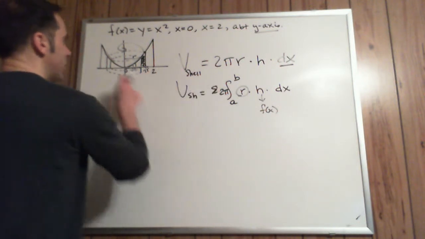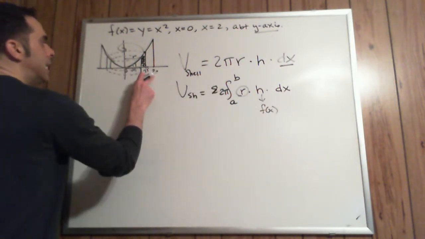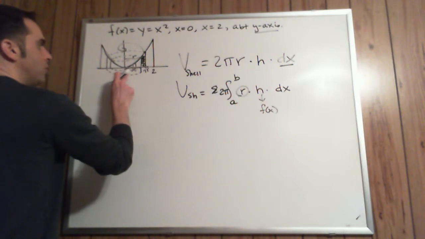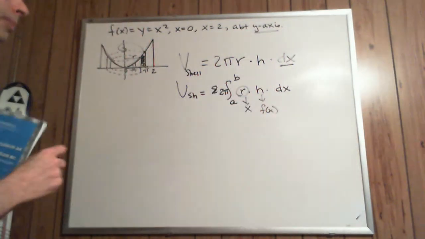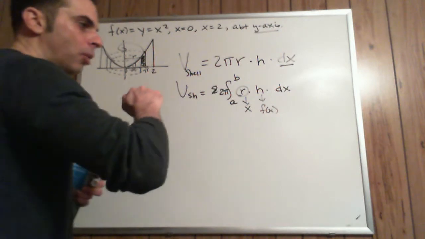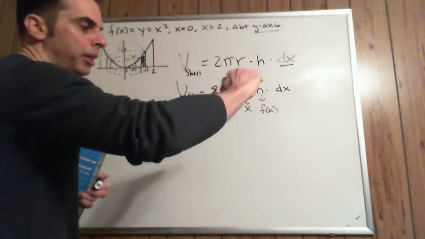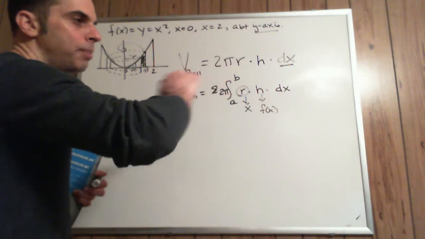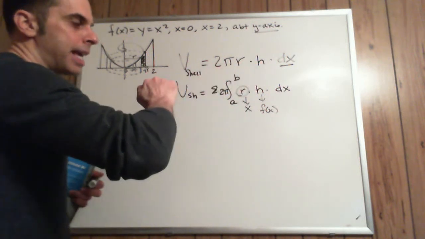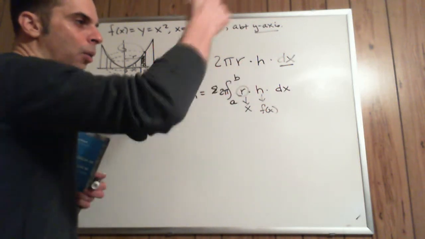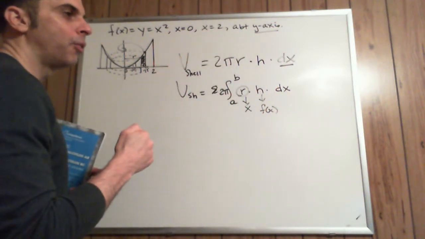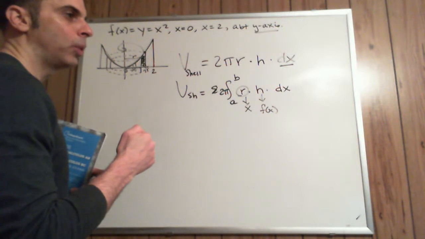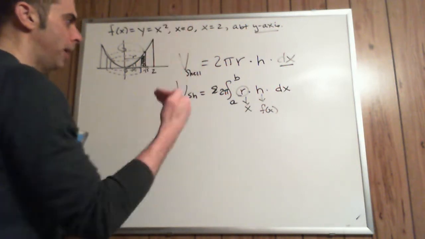At any x from 0 to 2, the distance to the axis of rotation would just be x in this case. But remember, and this is really important, when you're talking about horizontal distance, it's always going to be right minus left. Whenever you talk about vertical distance, it is always going to be top minus bottom.